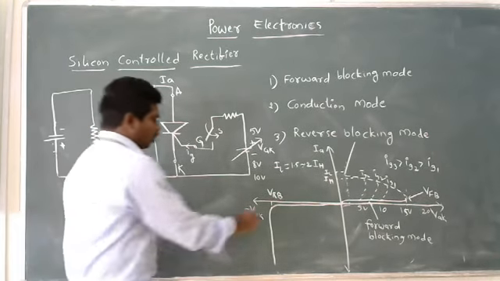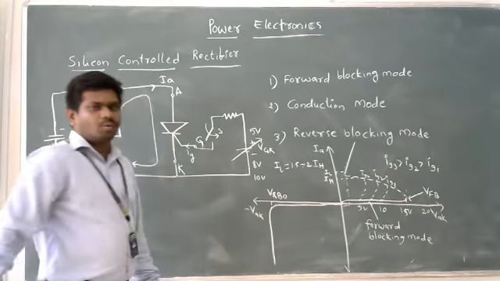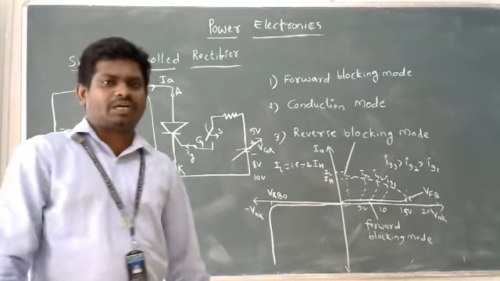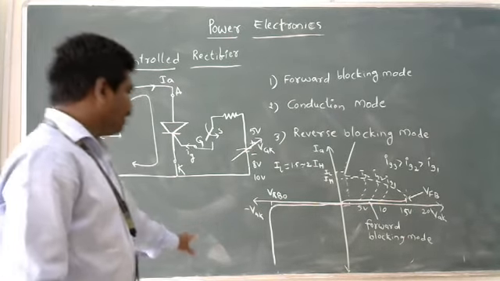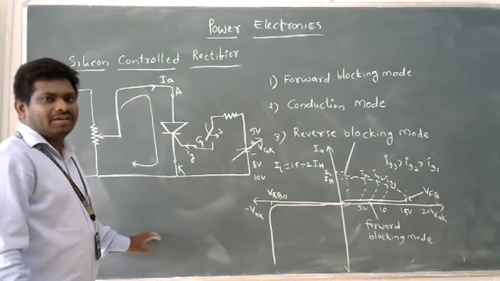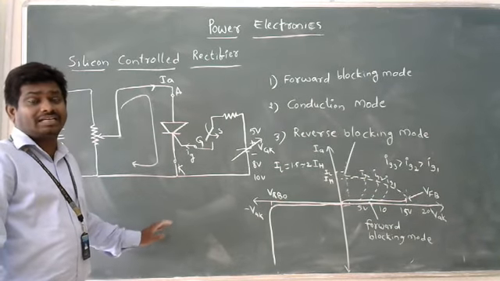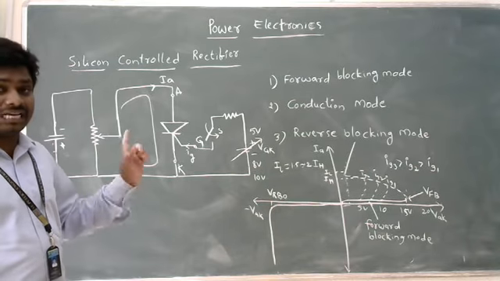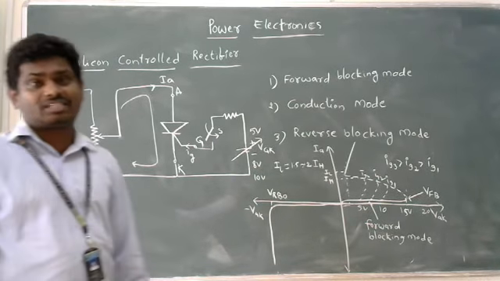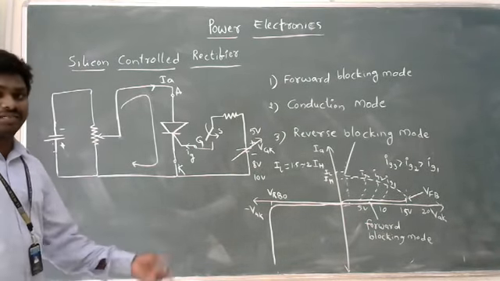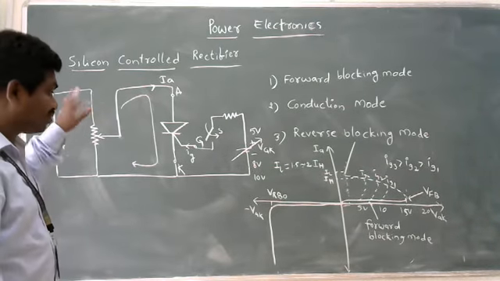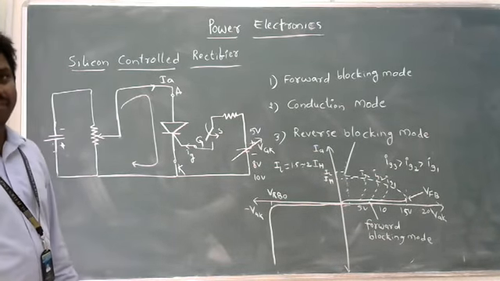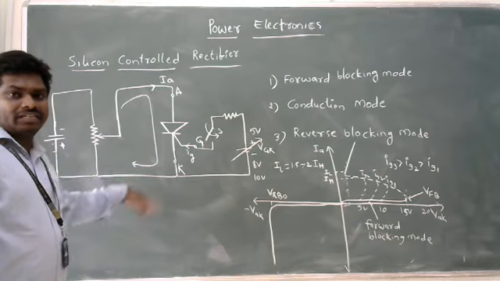After the voltage reaches the reverse breakover voltage, the J1 and J3 junctions, which are initially in reverse bias condition, break down. J2 junction is already in forward bias, so it allows the current to flow in the reverse direction, cathode to anode.